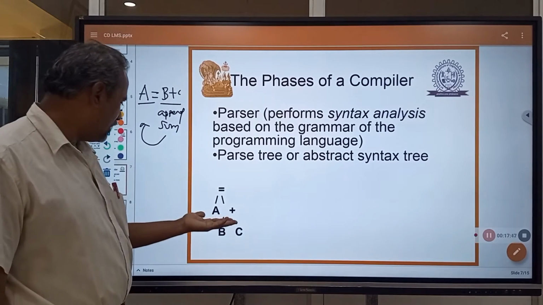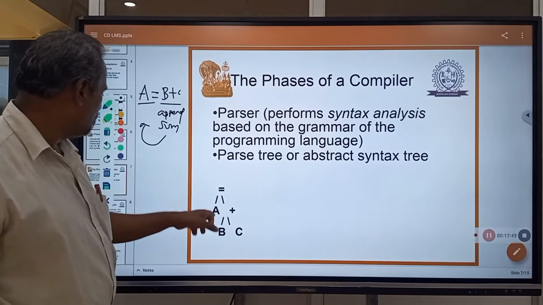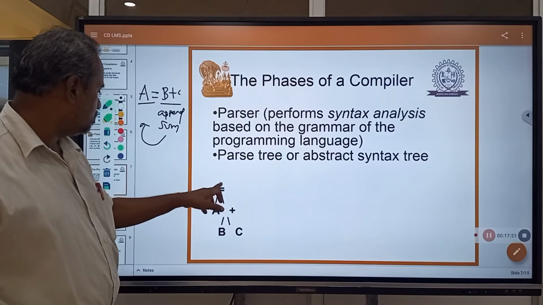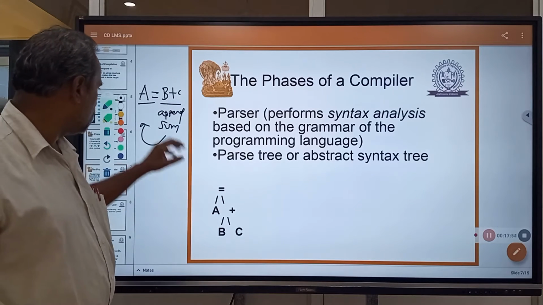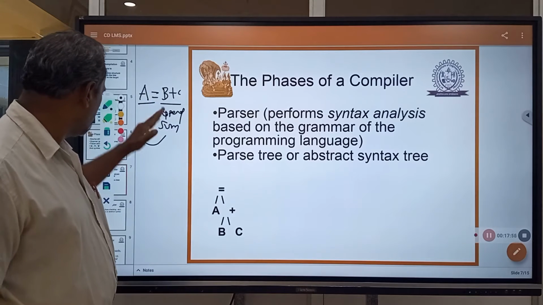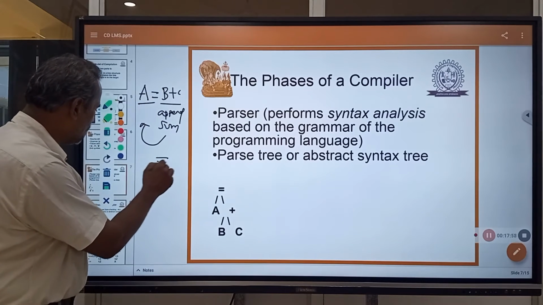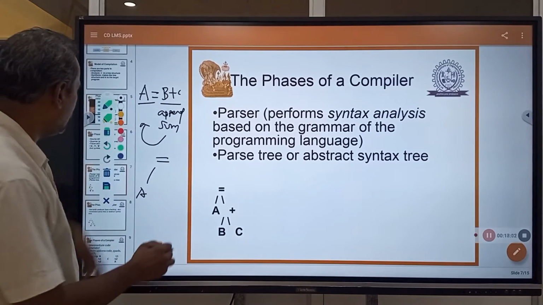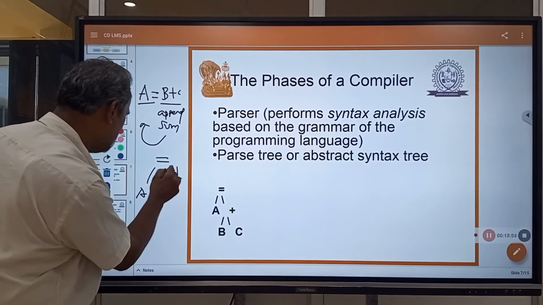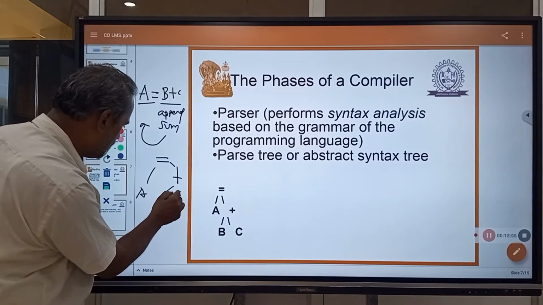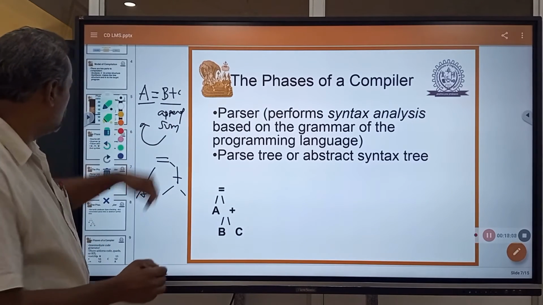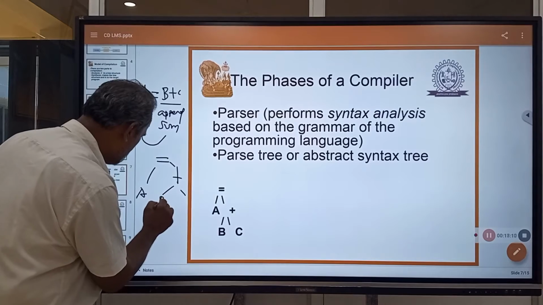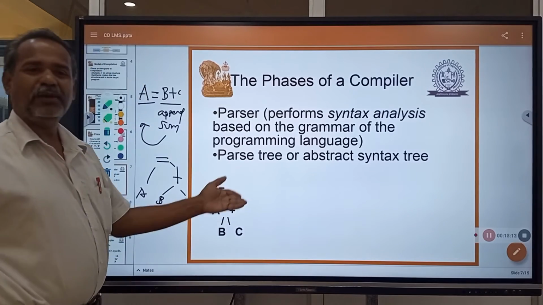Fine. For that, A equal to B plus C comes in followed by an assignment operator, with a left string. Left assignment equal to, left assignment A. On the right, we have the operator plus, followed by two strings, B on the left and C. This is called the parser tree.